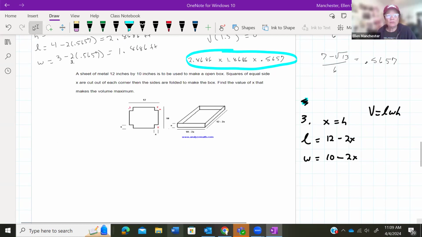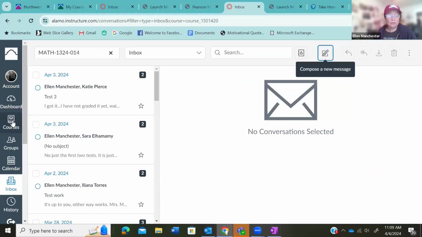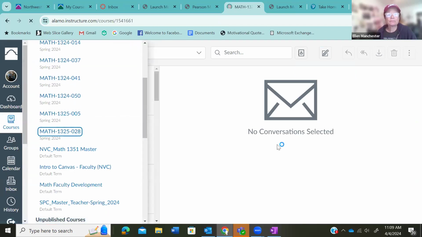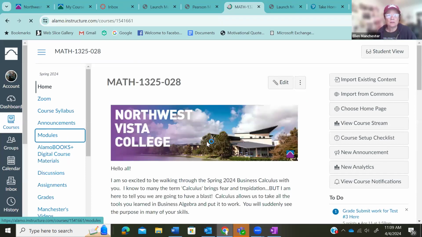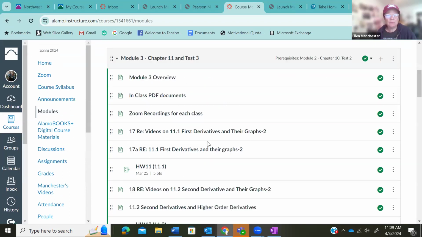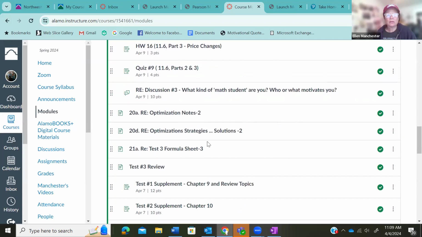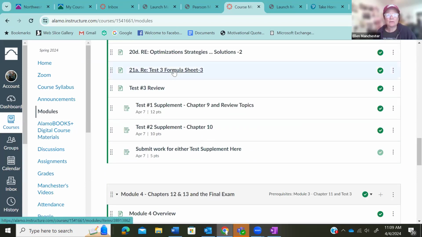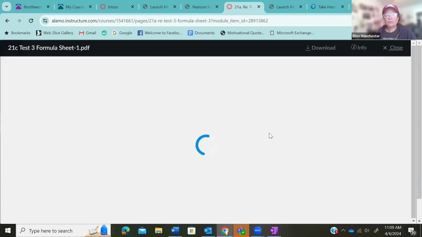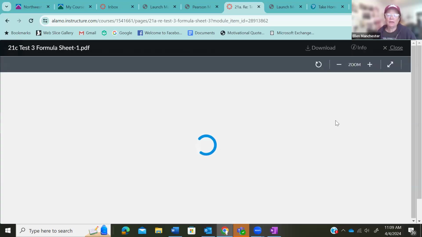In your module 3, under your test 3 formula sheets, there was one other sheet in there, but the second one has all the information that you need in a little bit easier way to read it.